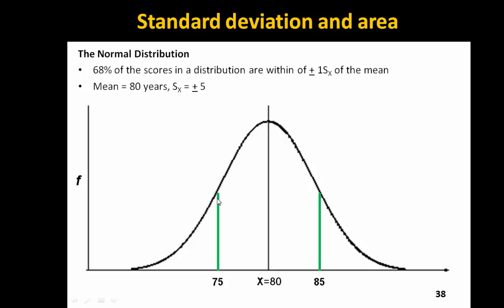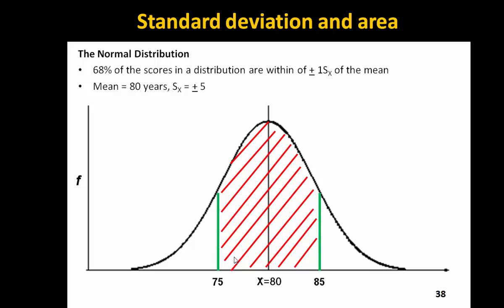The limits of one standard deviation are plus and minus 5 years around the average, so the total length of the standard deviation in this case is 10 years, or 2 times the standard deviation. This will capture 68% of all the scores.